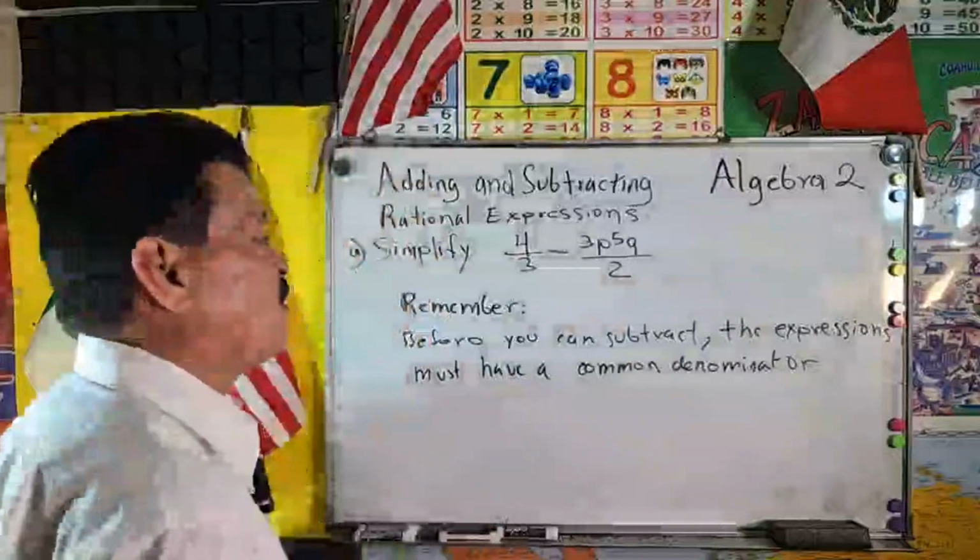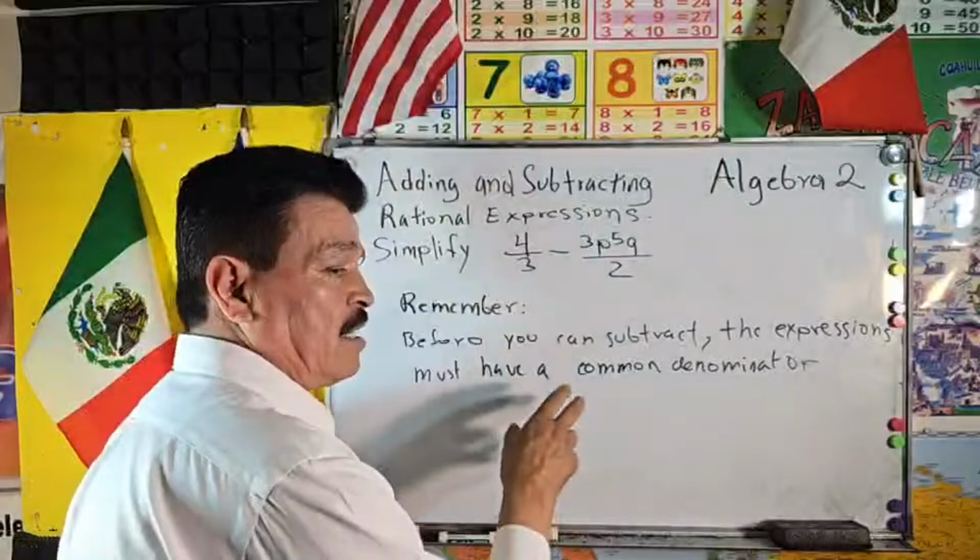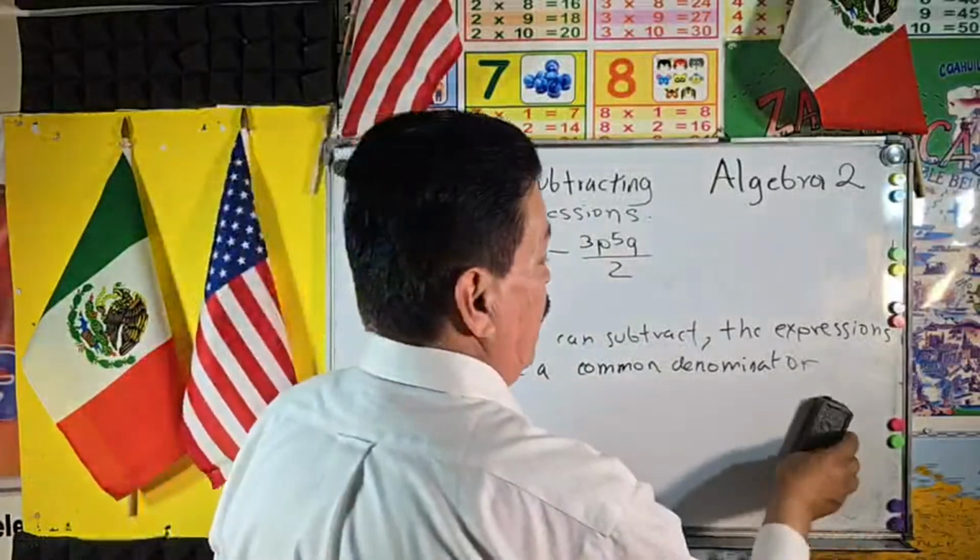We have to have the common denominator in these two fractions. This is mandatory.